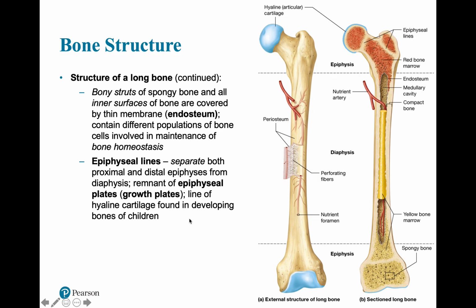In an older adult that is no longer growing, this hyaline cartilage is replaced with hard ossified tissue, and they are now called epiphyseal lines because they're completely ossified.